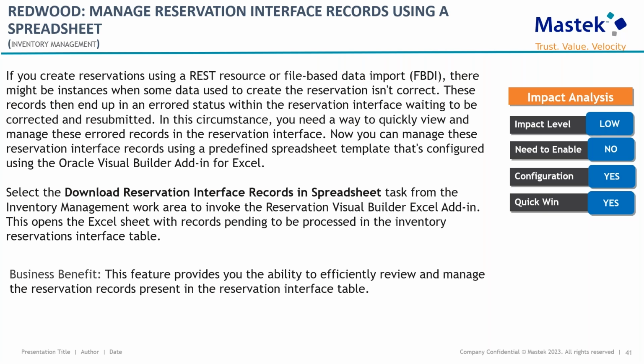If reservations created via REST or FBDI fail due to incorrect data, you can now review and fix these error records using an Excel sheet powered by the Visual Builder add-ins. From the inventory management work area, simply launch the download reservation interface record in the spreadsheet and update the pending records directly from the spreadsheet itself, making error correction faster and easier for the inventory management people.